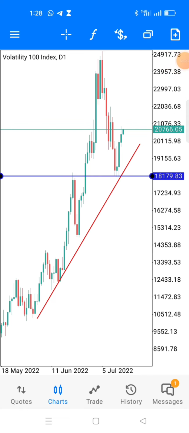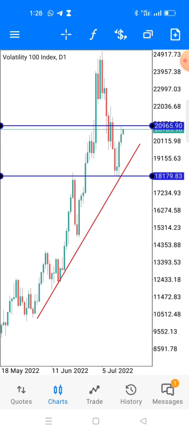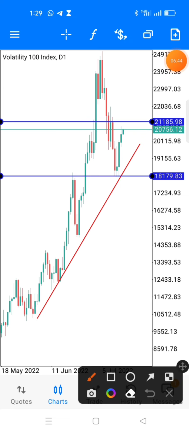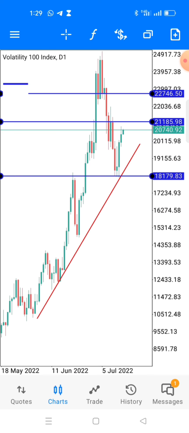Now let's check another level here. We can see a level here, we can draw a level in this place. What are we checking here? We want to look into this particular level and this zone. So this is our interest zone. All right, we still have another level in this place. Remember, we are on the day 1 time frame, so we are just trying to mark out this area of interest.